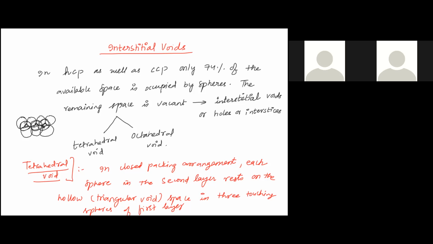So in the closed packing arrangement, each sphere in the second layer rests on the hollow space between the 3 spheres touching each other. In between spaces only there is the second layer being present. And the centers of these 4 spheres are at the corner. Okay, I can write down this. Just let me know once you're done with this. We'll continue with the tetrahedral void.